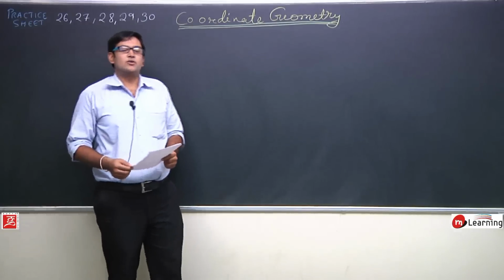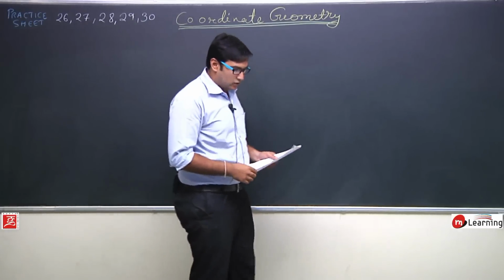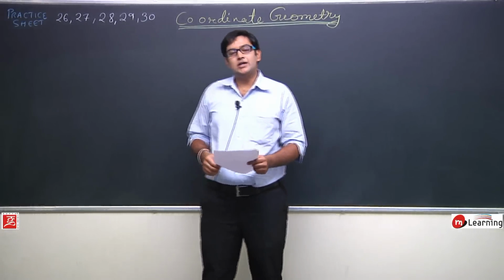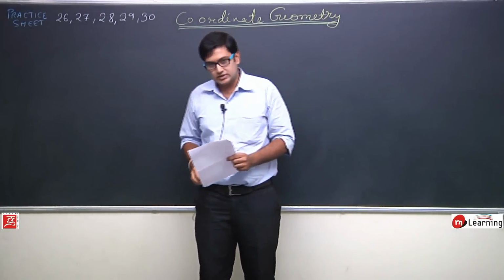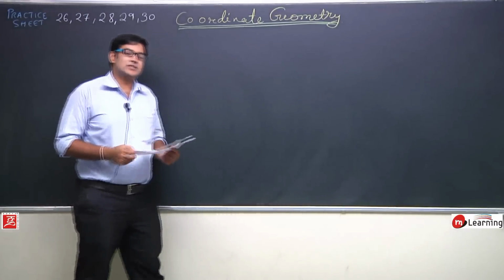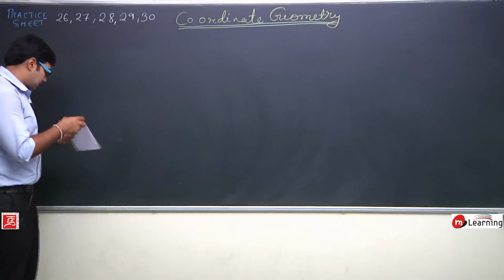Okay, so till now we have discussed the area of a triangle. We have derived a formula to calculate the area of a triangle whose vertices are given to us. Let us first remind that formula again.